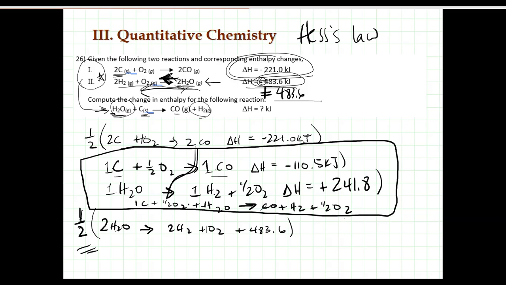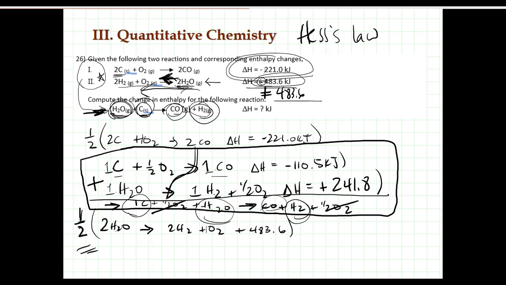Subtract half an oxygen from both sides. Gone, gone. So what do I have left? A carbon, a water, a carbon monoxide, and a hydrogen gas molecule. We did it. This equation matches this equation. How did I get it? I added those two guys together.